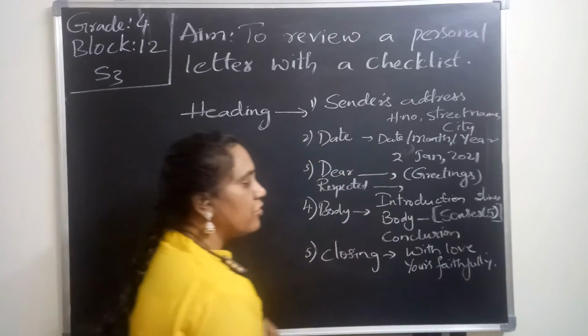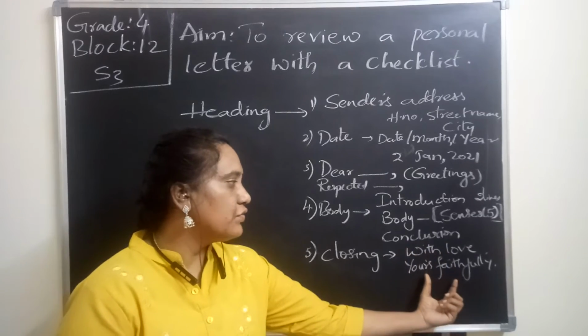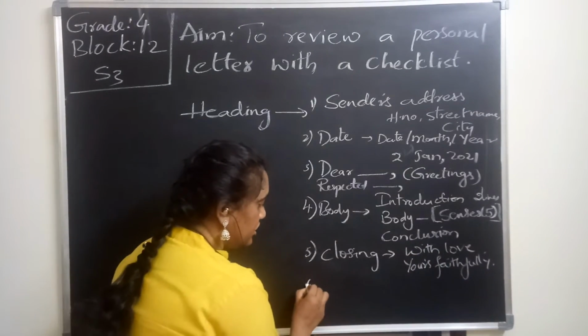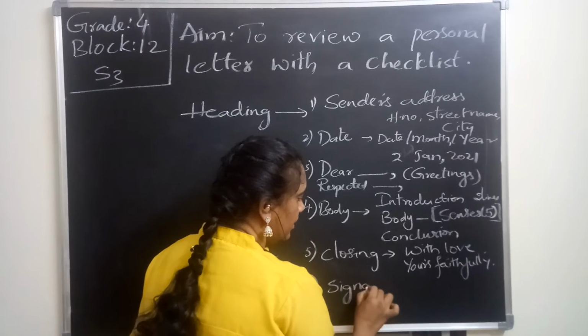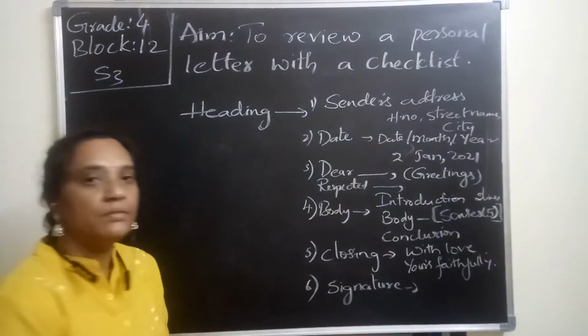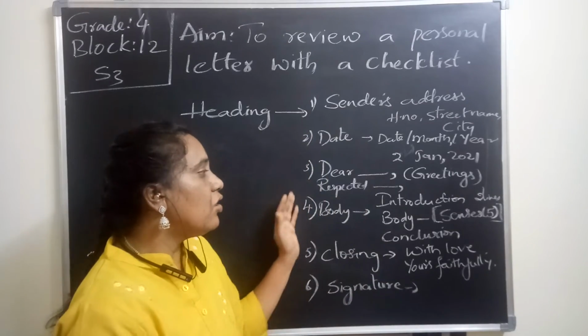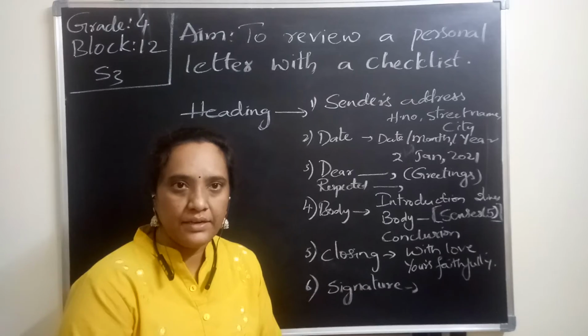In this way you write the closing. Next comes the signature, where we write the signature and the name of the person who is writing the letter. Based on these elements of the letter, we are supposed to write a letter.